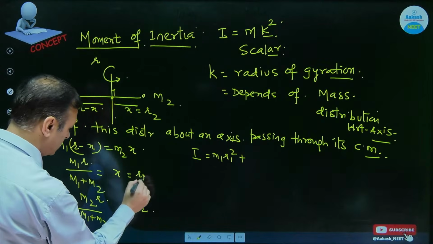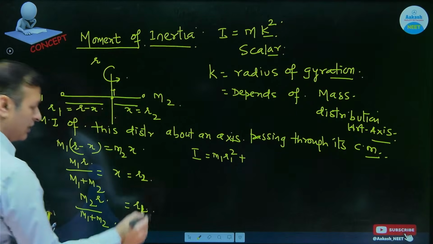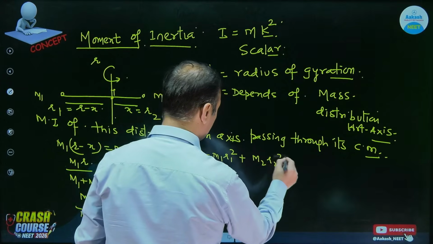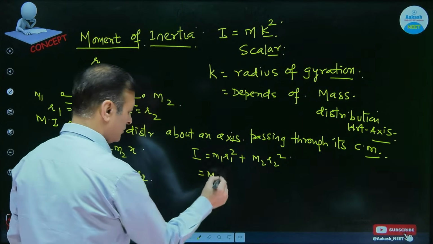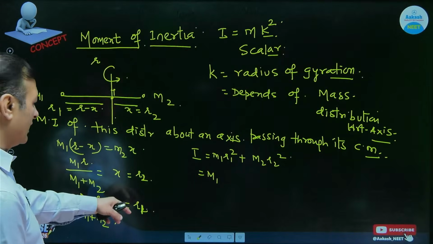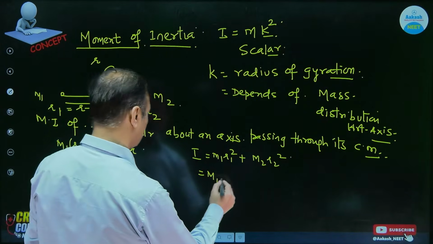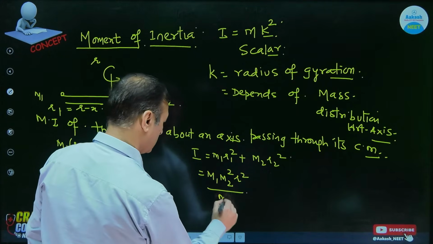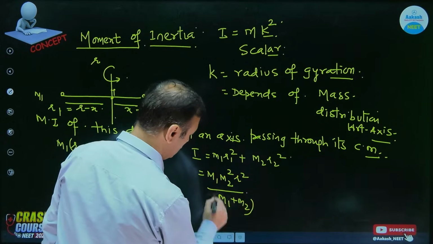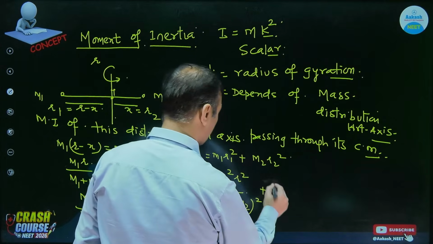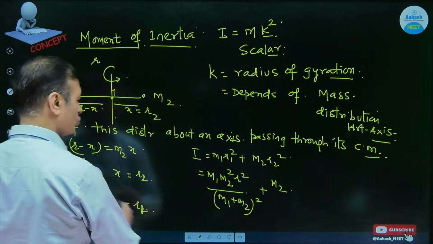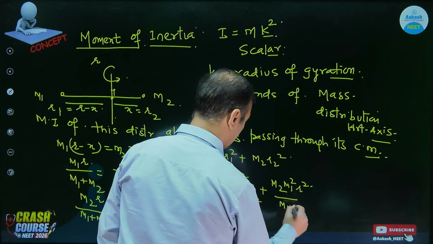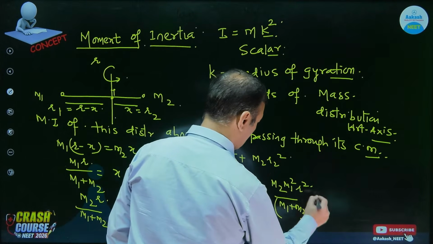So the moment of inertia is m1 r1 square plus m2 r2 square. Putting in r1 square gives m2 square r square by m1 plus m2 whole square, plus m2 times r2 square, which becomes m1 square r square by m1 plus m2 whole square.